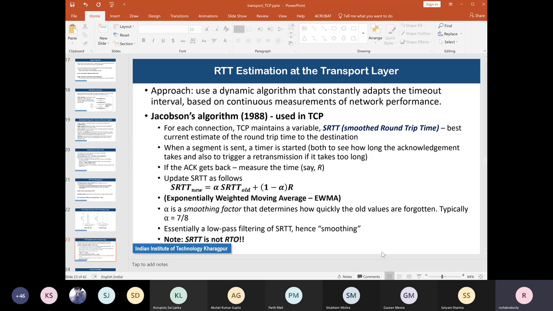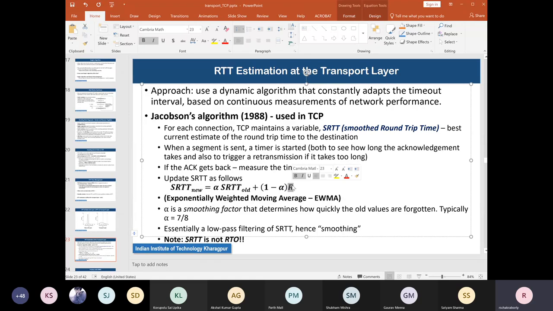What it does is, initially the SRTT is 0. Then at every new RTT measurement, the successful acknowledgement coming back before the timer expires, if you consider that to be a round trip time, then it updates the SRTT variable to be alpha times the old SRTT plus (1 minus alpha) times the measured round trip time, that is R. So this is an exponentially weighted moving average.